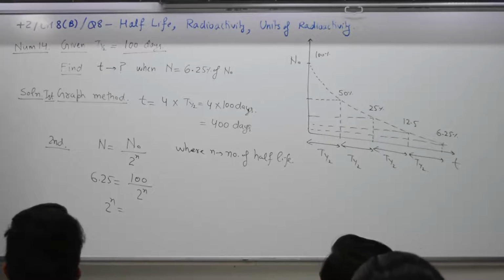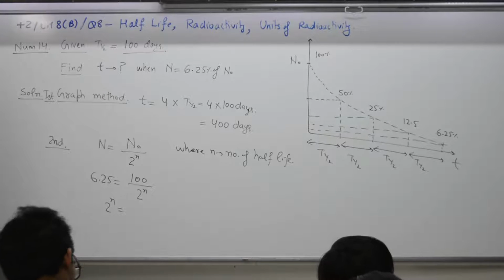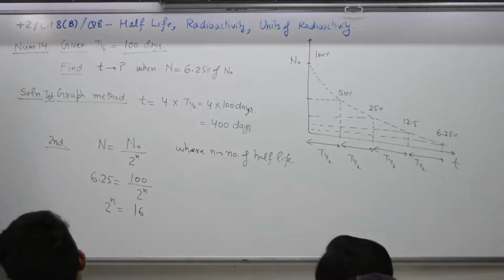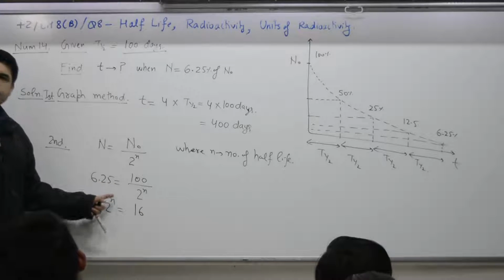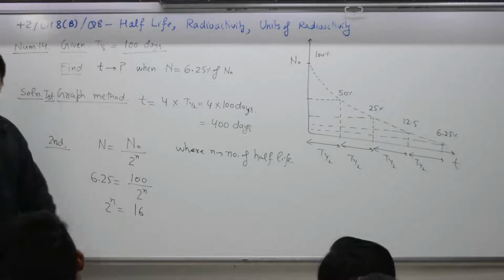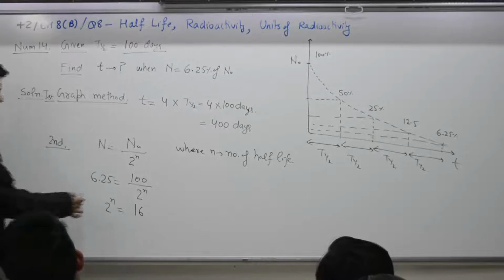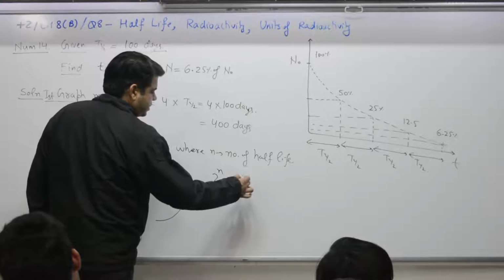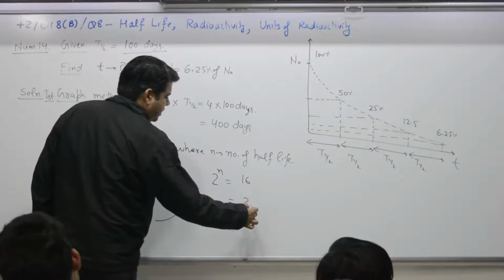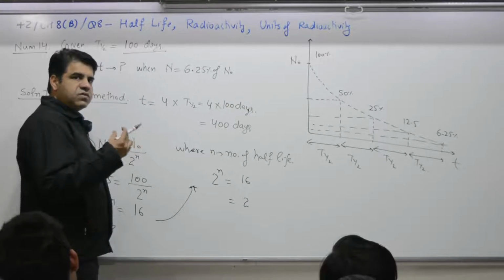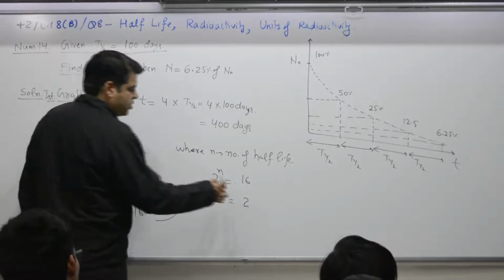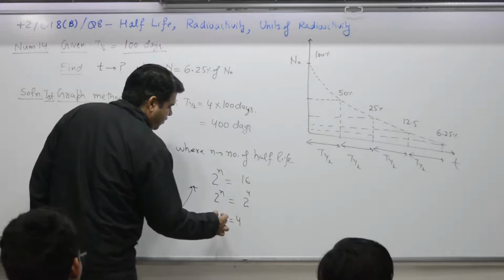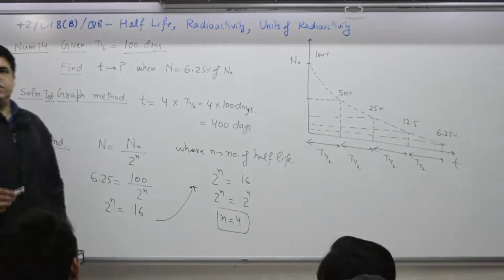Come out to the answer, please. Yes, 16. Correct? 100 divided by 6.25 is 16. 2 to the power n is equal to 16. 16 is what power of 2? 2 to the power 1 is 2, 2 to the power 2 is 4, 2 to the power 3 is 8, 2 to the power 4 is 16. So n is equal to 4. So 4 half-lives.